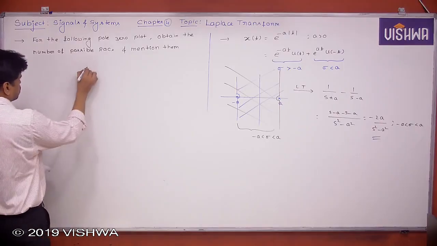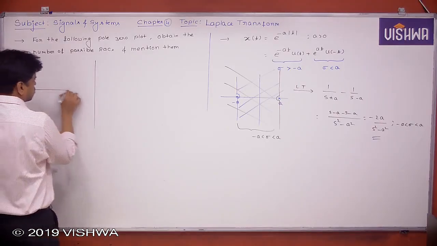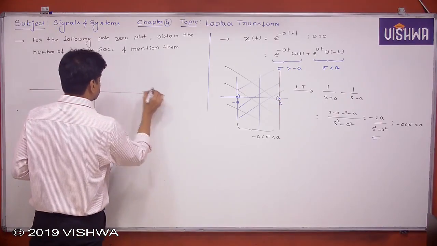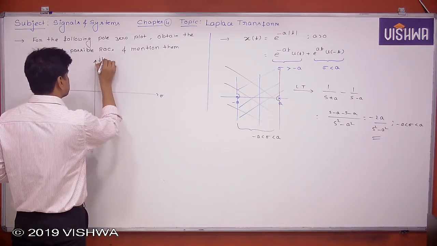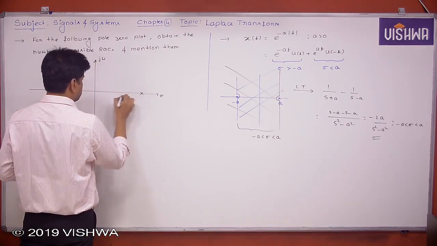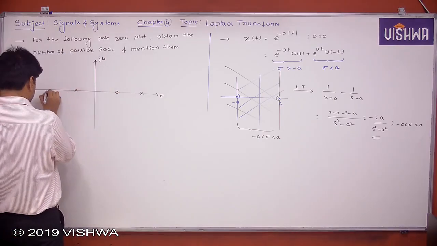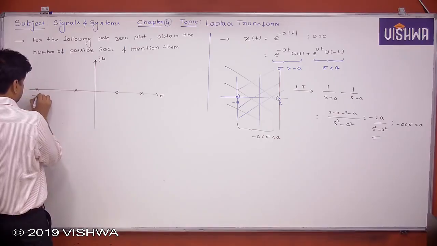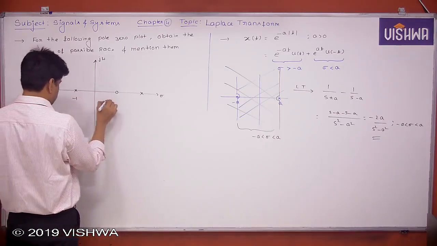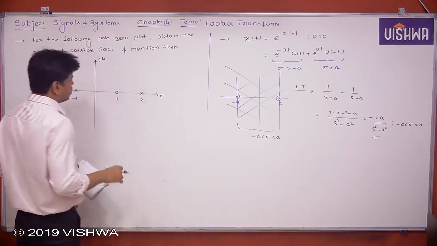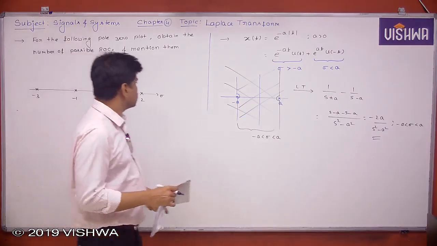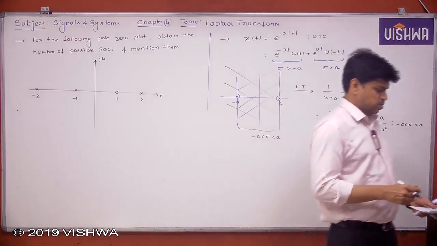So this is the pole zero pattern they have given. For this pole zero pattern, how many ROCs are possible?